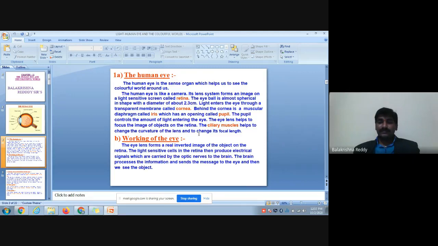If it is not available at times, it is because the ciliary muscles help to change the curvature of the lens and to change its focal length.